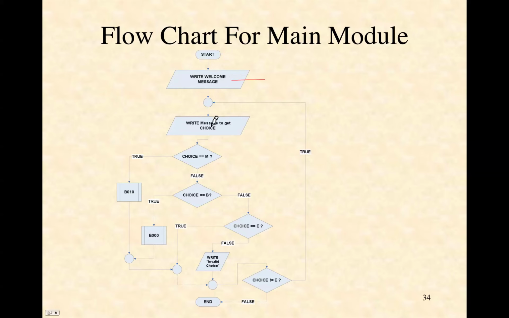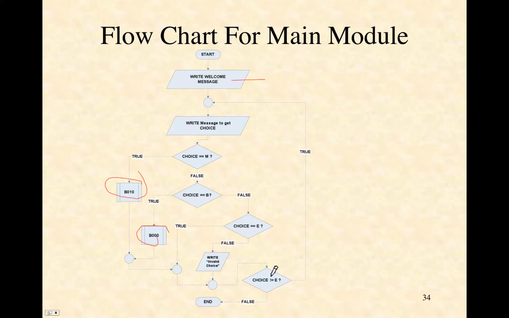Okay. So if choice is M, we reroute them to B010, which is the module to mail the parcel. If that is false, then choice could be B. We reroute them to the module to buy stamps. If that is false, then choice could be E. In this form, the way I have done it, if choice is E, then I do no task, but if it is false, I say it's an invalid choice.